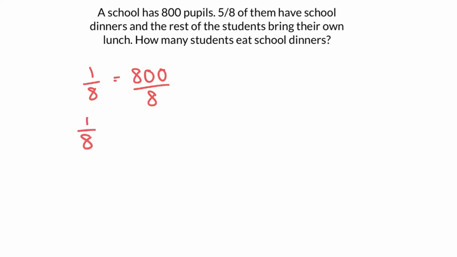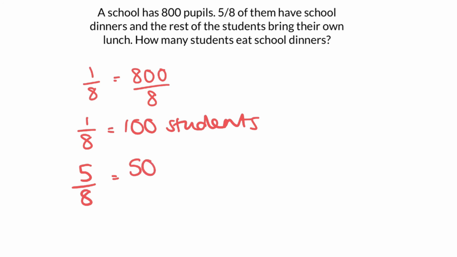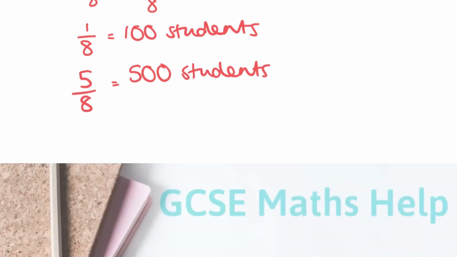So 1/8 of the school is equal to 100 students. So to find 5/8 of the school, we've times 1 by 5 to get 5/8, so we need to times the 100 by 5 as well to give us 500 students who are eating hot dinners.